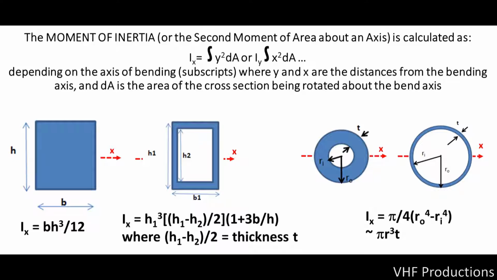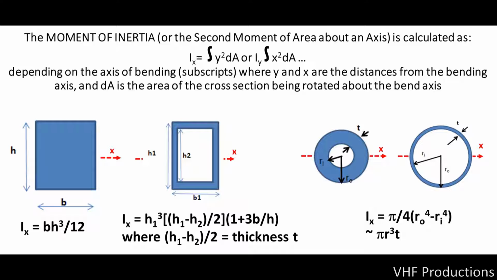To begin, we need to introduce the concept of the moment of inertia, or the second moment of area about an axis, for these different geometries. The moment of inertia is given as capital I, which is the integral of the vertical axis, y, squared times dA, where dA is an infinitesimal area element of the shape.